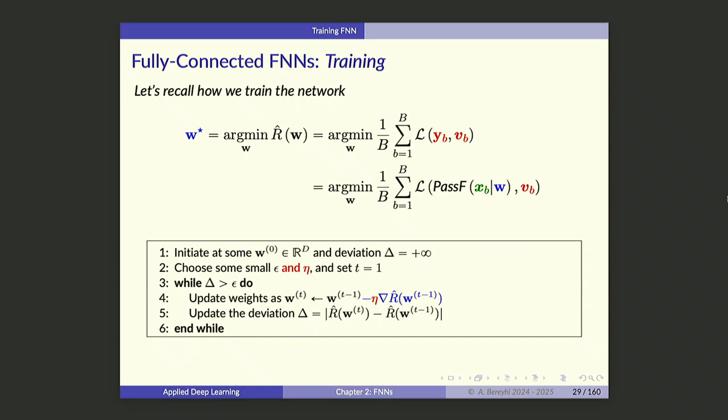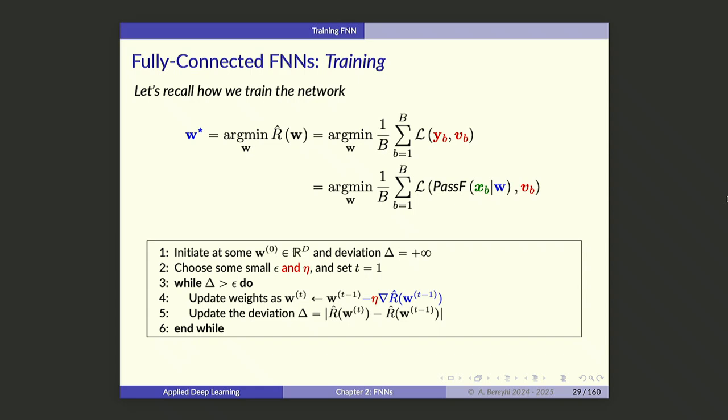Then I start from one weight, so I set my weights to be something. Now the weight is fixed. I compute the gradient. Once I compute the gradient, I update my weight as the previous weight minus learning rate times the gradient. It's now a new weight. Then I take that new weight and again compute the gradient at that new weight, and again I update my weight as weight minus learning rate times the new gradient.